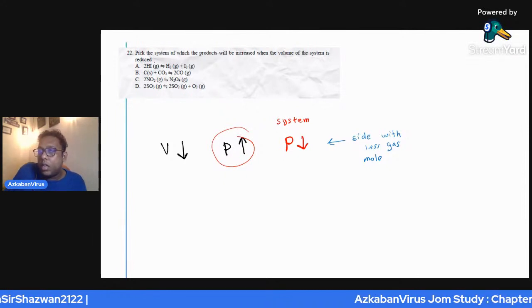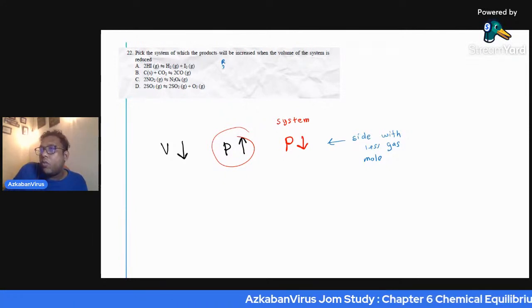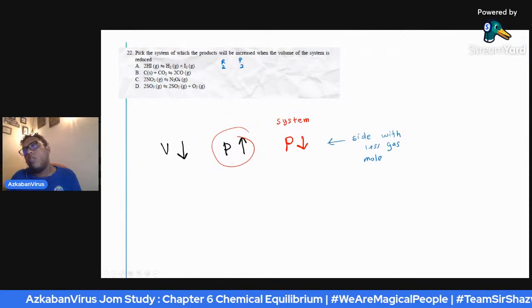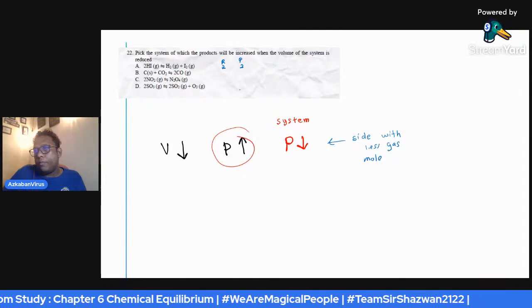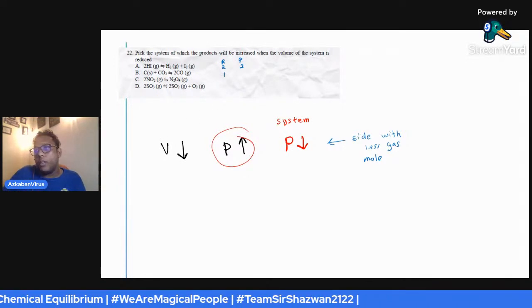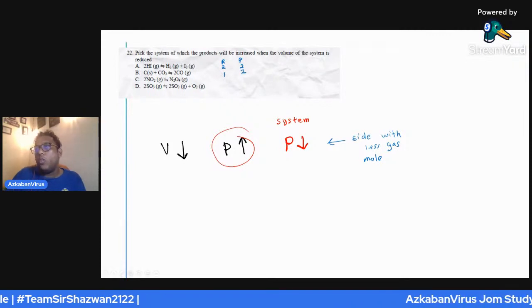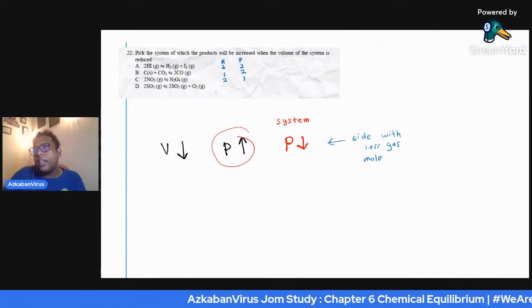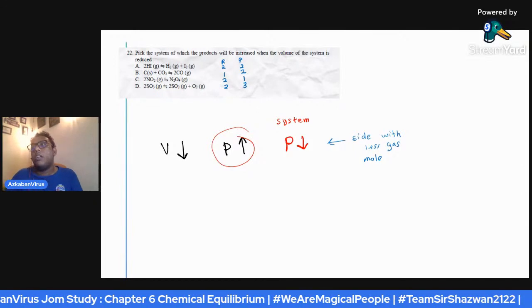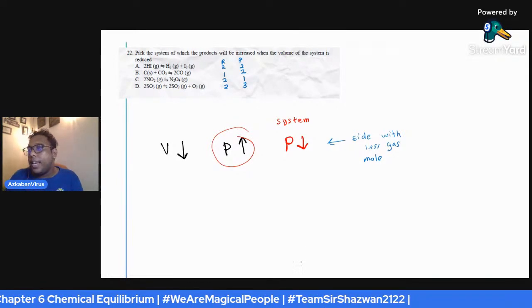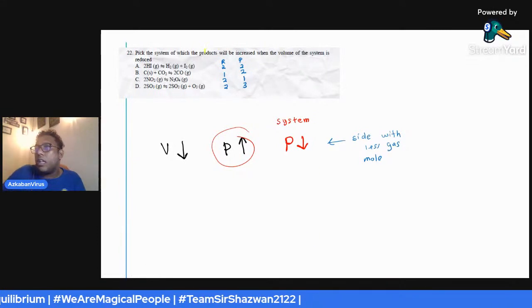Okay? Now kita tengok pada pilihan jawapan kita. Untuk A, reaktan 2, produk pun 2. Untuk B, reaktan 1, CO2 tertinggal tu, produk 2. Untuk C, reaktan 2, produk 1. D, reaktan 2, produk 3. Okay, remember, kita nak produk akan meningkat.